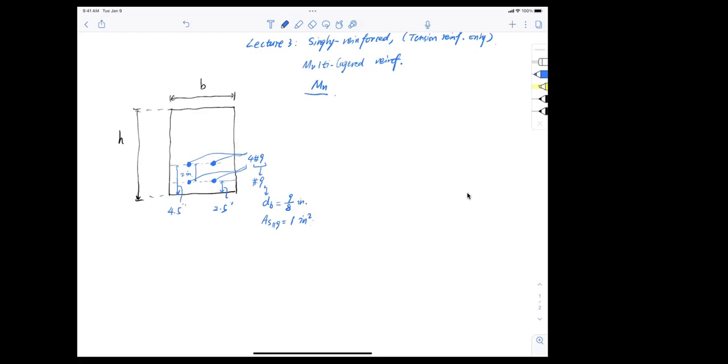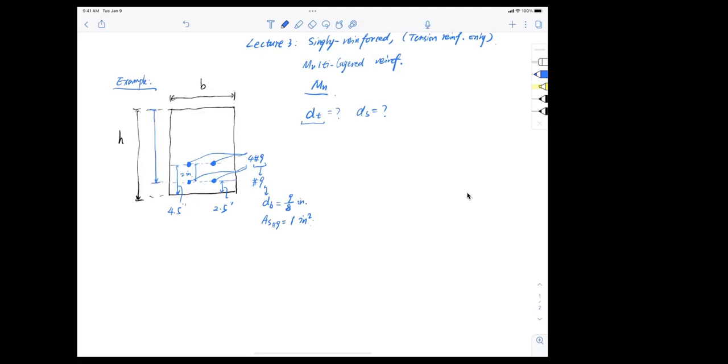Now the question is, what is DT? Example: given the section below, what is my DT and what is my DS? DT is the distance between the top fiber to the extreme bottom layer of the reinforcement.